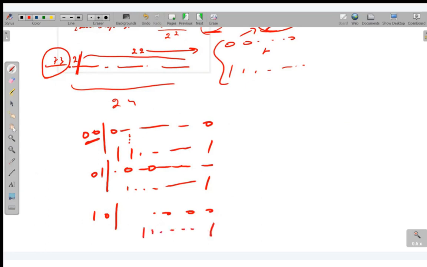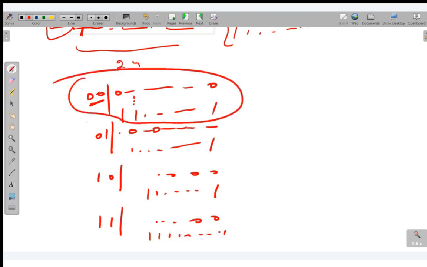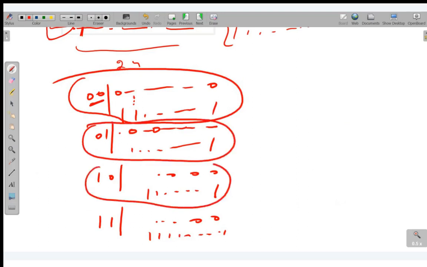Now you add just 1 here, so it will become all zeros, and here I will get 1 1. Until where will I go? All the ones. So these are the organizations. A simple task. So this was our first organization, this was our second organization, this is my third, and this is my fourth organization.